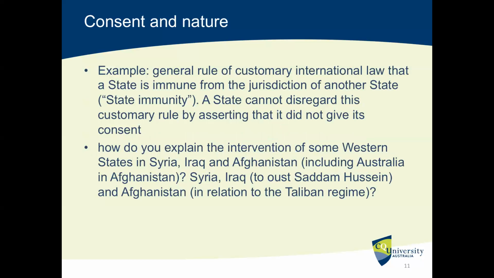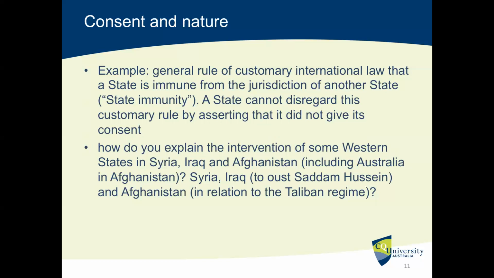Apart from the notion of a peremptory norm of international law, I'd like to go back to the definition in the 1969 Vienna Convention on the Law of Treaties. Under Article 53, the Vienna Convention on the Law of Treaties defines a peremptory norm of general international law as a norm accepted and recognized by the international community of states as a whole, as a norm from which no derogation is permitted, and which can only be modified by a subsequent norm of general international law having the same character.